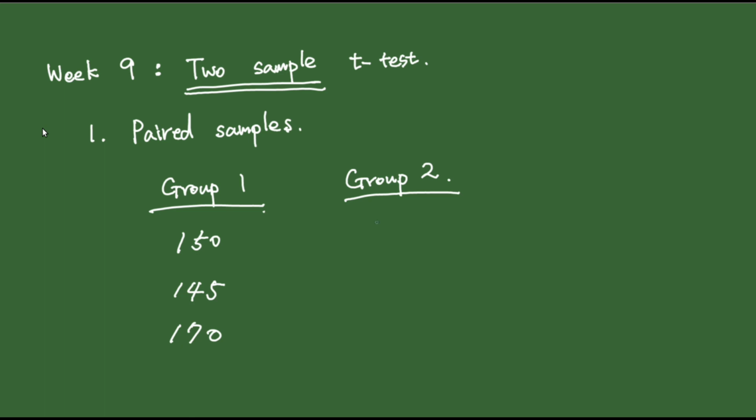And in group 2, we have 140, 144, and then 165. So this is group 1, and we say this is sample 1, and this is group 2, and we call that sample 2. So we have two samples.